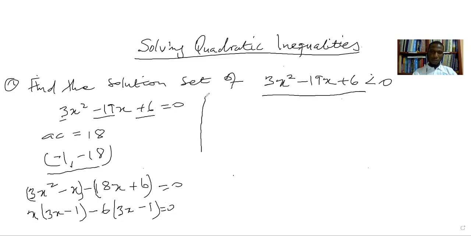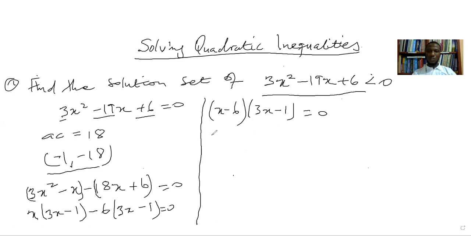So let's continue. So now to factorize, we group the outside one, x minus 6 here. And then we pick one of the common ones, which always have to be the same. We pick just one of them to be 3x minus 1 equals 0.